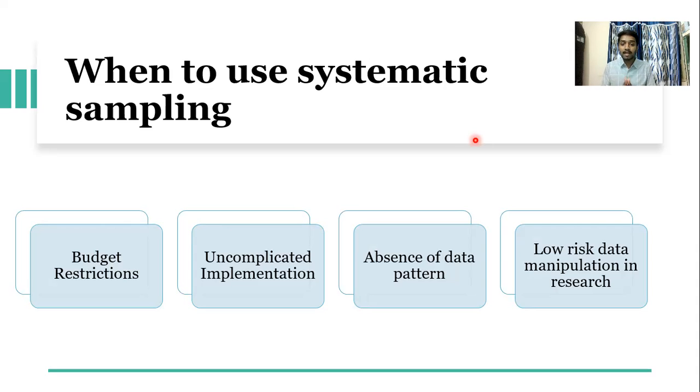So when it comes to systematic sampling, that is the advantage. Once you choose the sample, you can have maximum information with less cost, less time, and less effort. Because of this, you save your budget, point one.